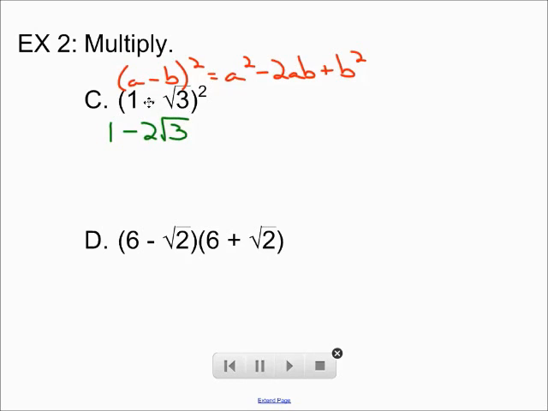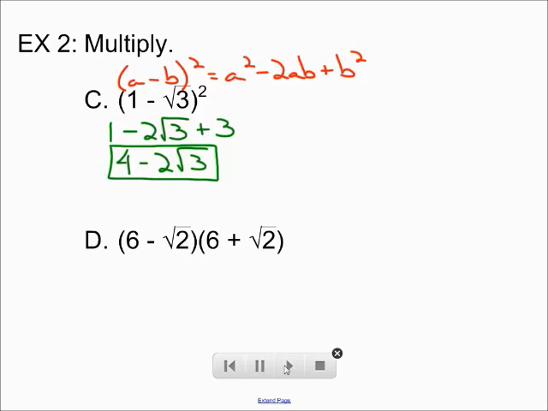Or even if you look at it as negative square root of 3 times negative square root of 3, it's still just 3. And square root of 3 times square root of 3 is the square root of 9, which is 3. Okay, now we have some like terms, 1 and 3, and we can add those together. However, these are not like radicals, so they cannot be combined. We're done.